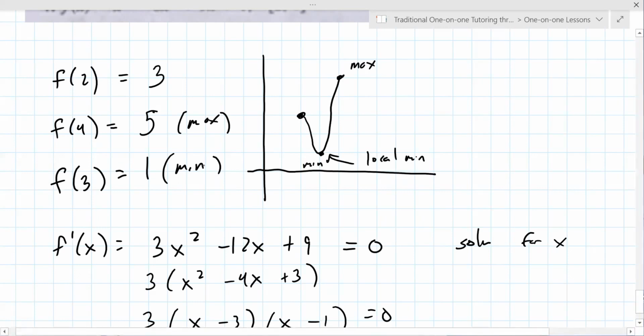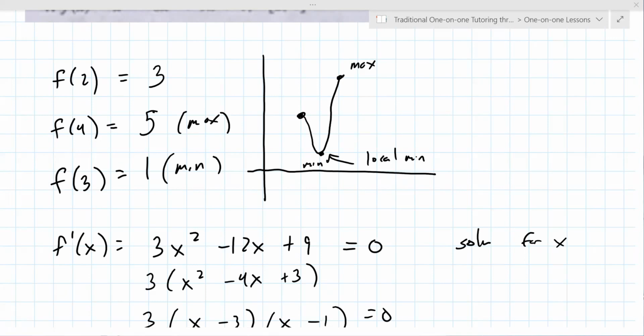I'm not sure how much of that you got in class, because there's some debate about whether stuff is absolute or local min at the endpoints. But you for sure can figure out which is the max, which is the min. And then the local min comes down to what the graph looks like. Like, is this point lower than the others? I don't know, is that clear? Yep. Okay.